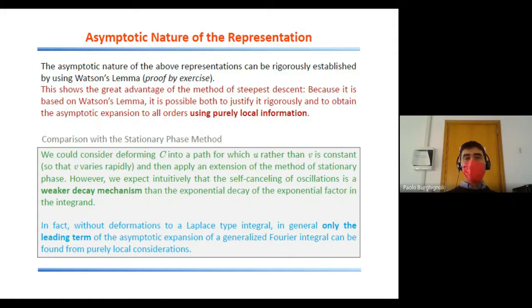So typically, if you deform to a path where the real part is constant, what you get in general is only the leading term of the asymptotics, but you are not able, through this generalized Fourier integral approach, to derive the entire asymptotic expansion series.